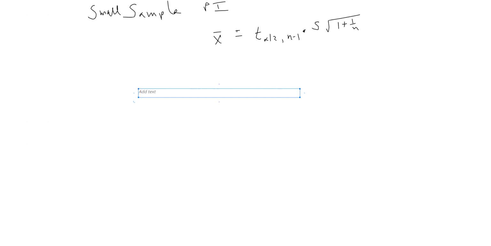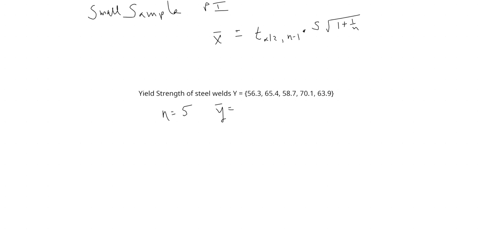So we've got 5 of those, so n is equal to 5. And we'll go ahead and calculate y bar. That's about 63, 62.88. And then the standard deviation of y is about 5.5.